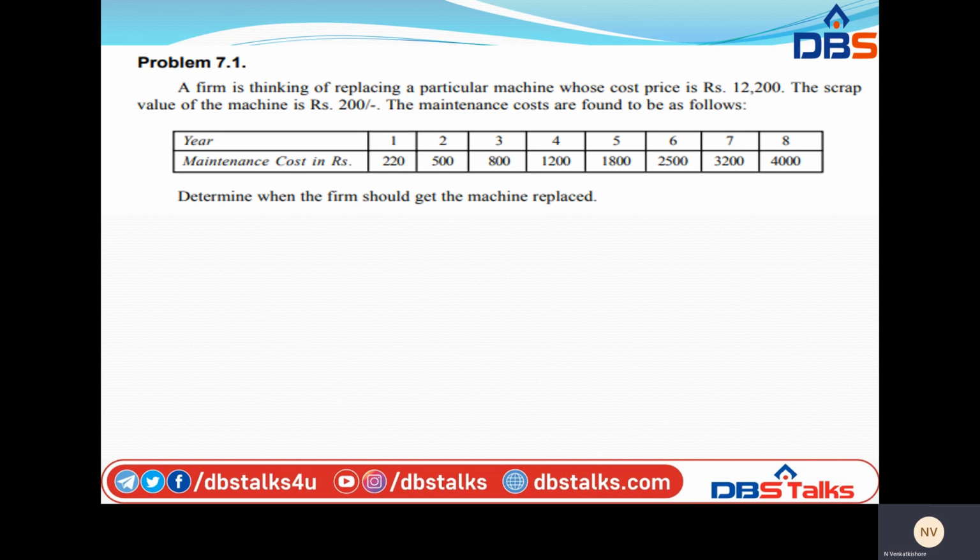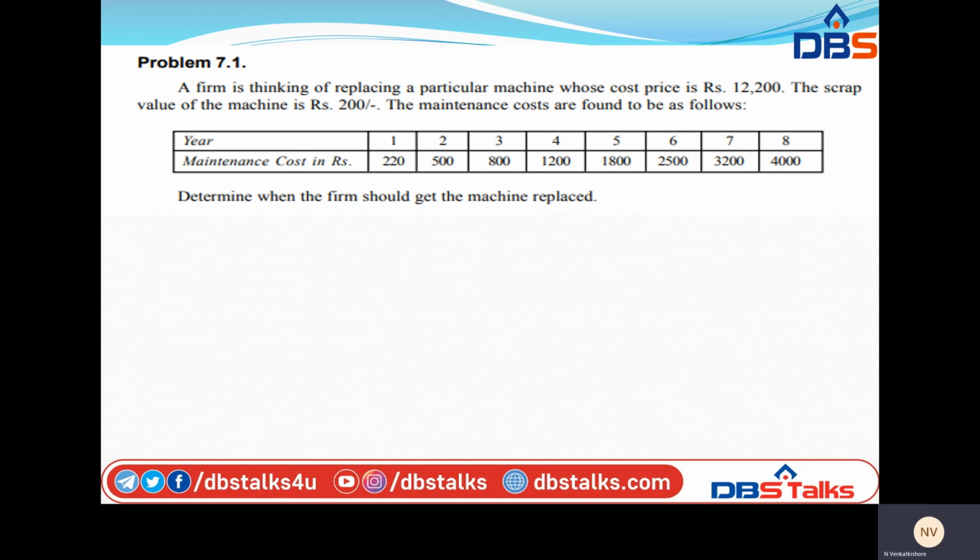Suppose you purchased a machine or one component for 12,200. After 1 year, if you sell, that means if you resell, then the cost of the item is only 200 rupees. That's what we are saying here: the scrap value of the machine is 200.